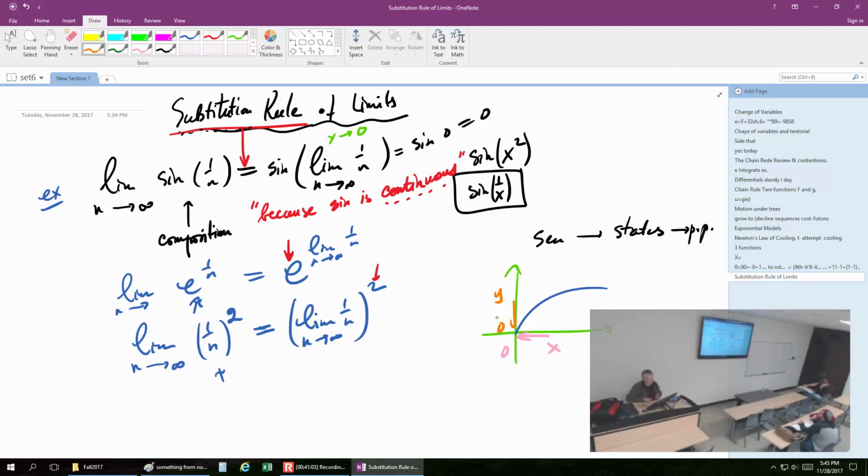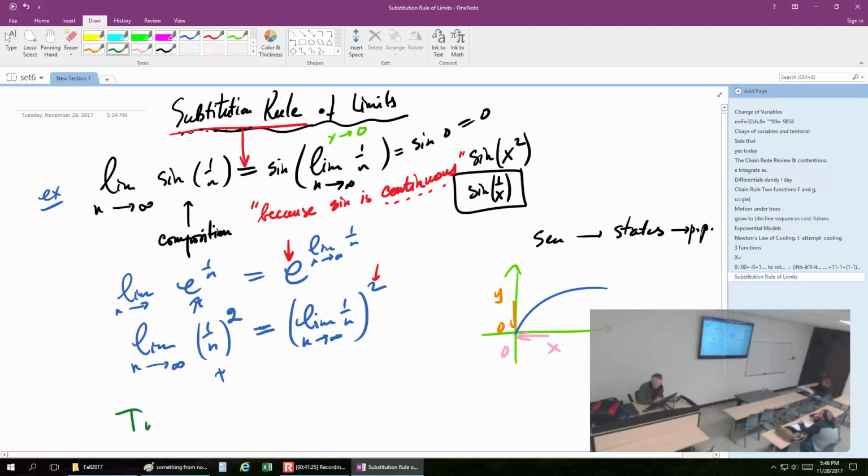Then what becomes important is knowing all the continuous functions. The answer is pretty much, unless a function is made up of pieces, remember piecewise defined functions, then all the functions that we have are continuous on their domains. That's easy to overlook.